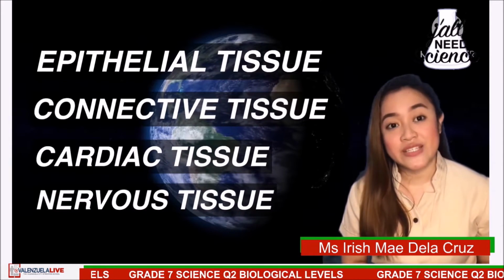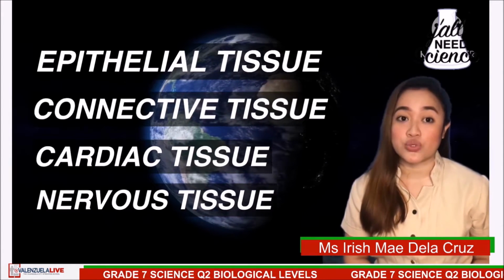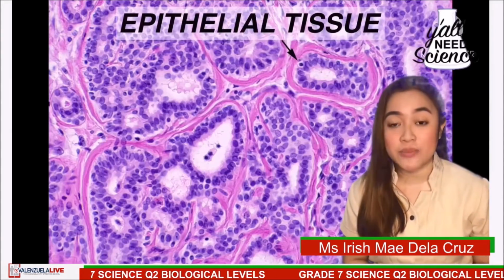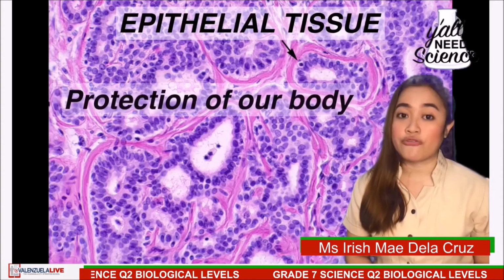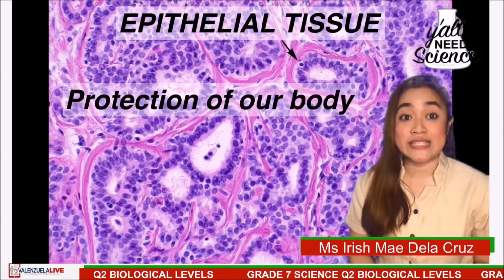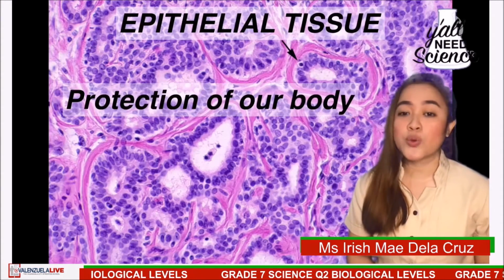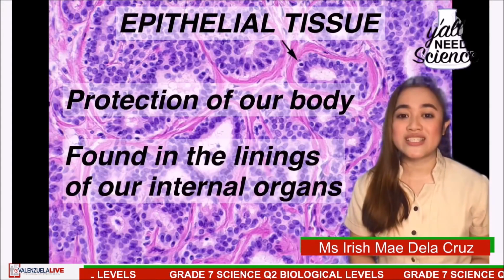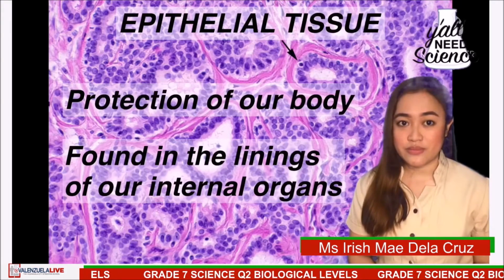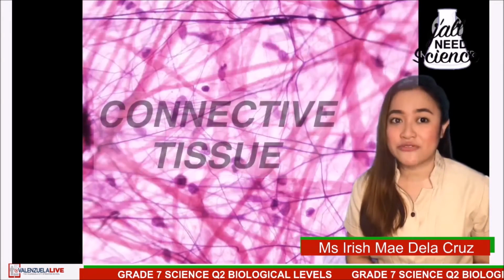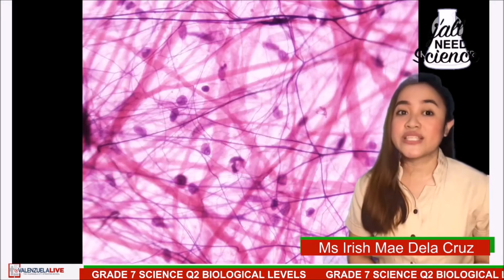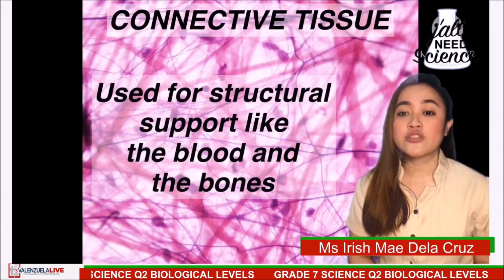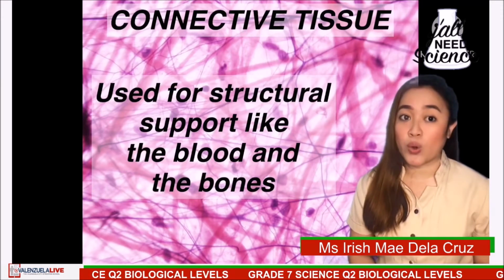What are the differences between these tissues? For the epithelial tissues, this is responsible for the protection of our body, such as the skin, and can also be found in the linings of our internal organs, such as the stomach and the bladder. How about the connective tissue? When we say connective tissue, it is used for structural support like the blood and the bones.